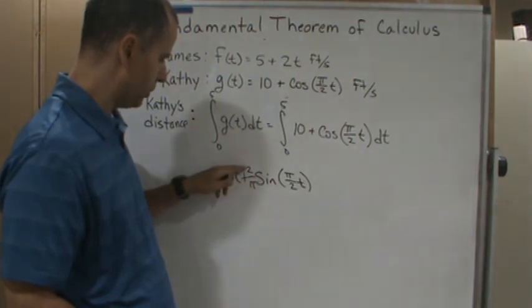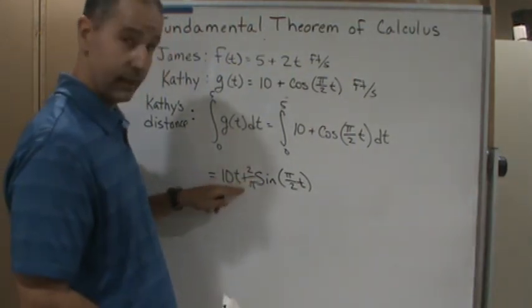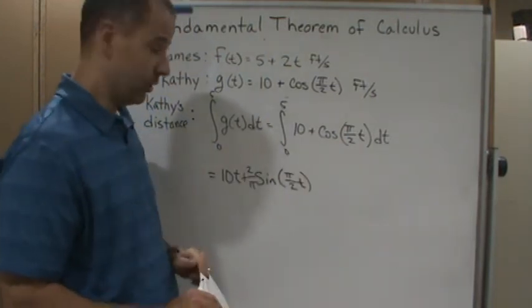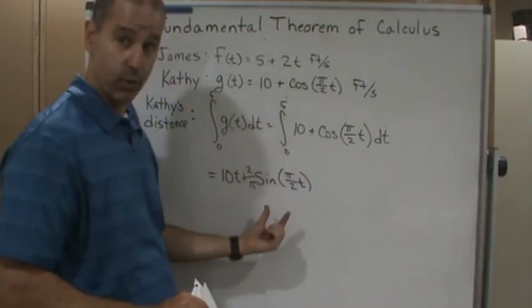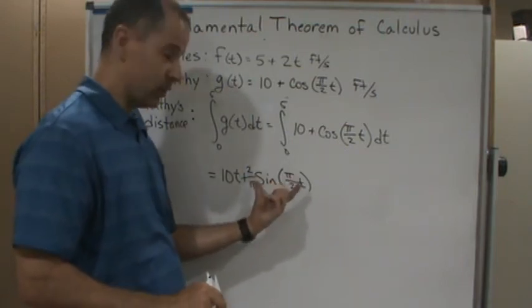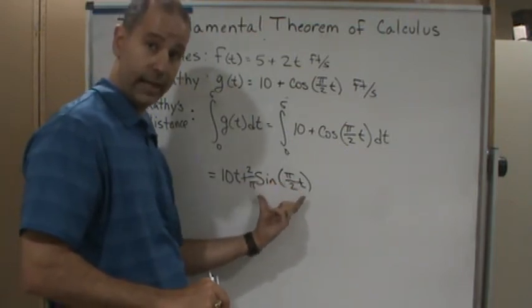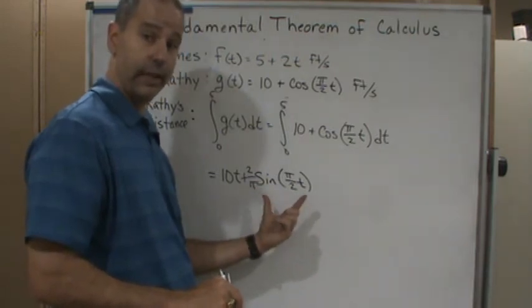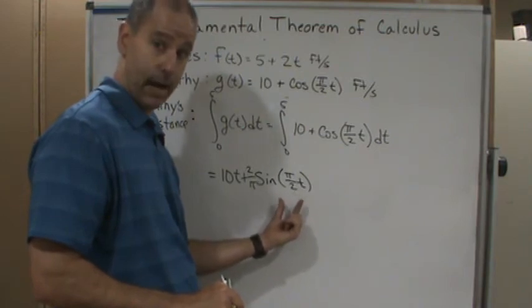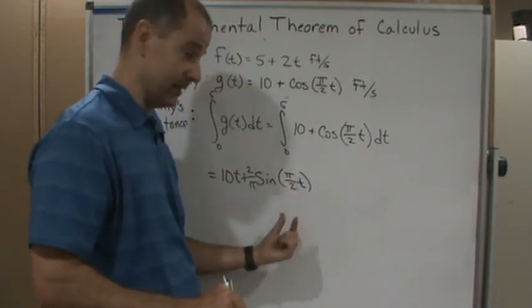Pi over 2 times 2 over pi is 1. And so you get this. So it works. So remember, when you're finding the antiderivative, using the chain rule for antiderivatives, you find the antiderivative of the outside, so you integrate the outside and then divide by the derivative of the inside.